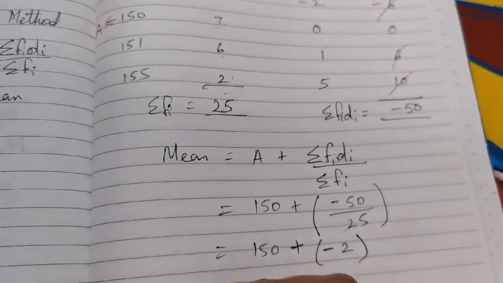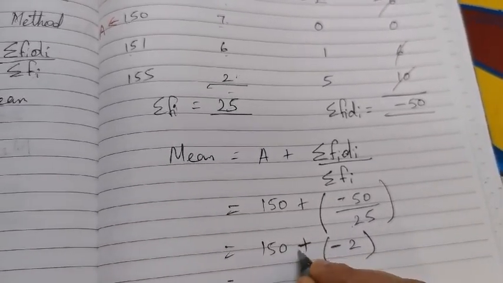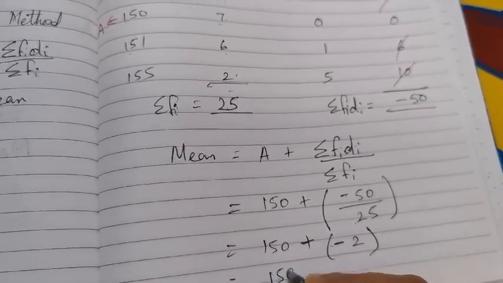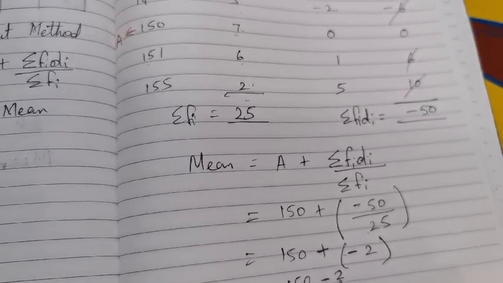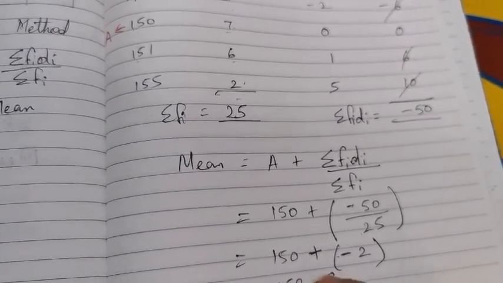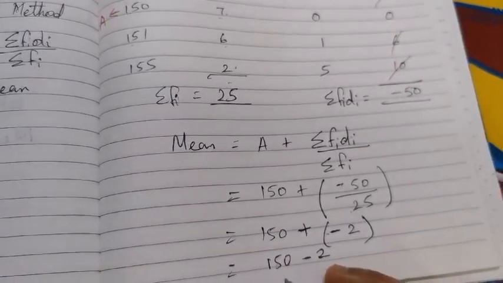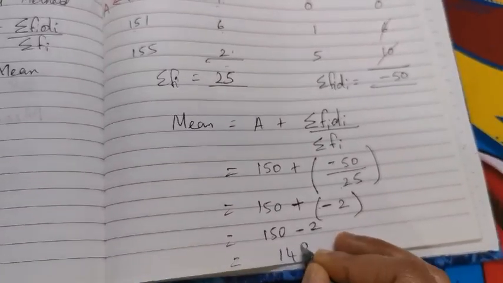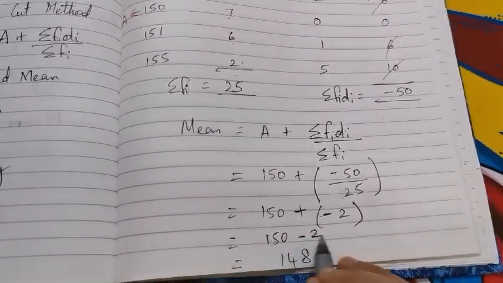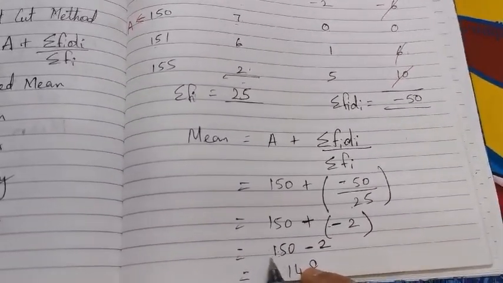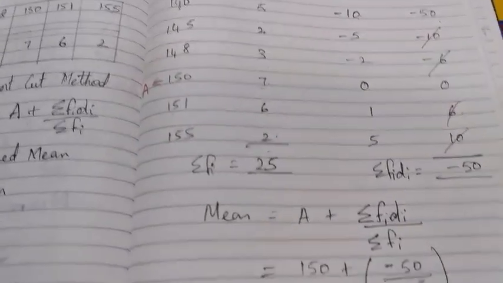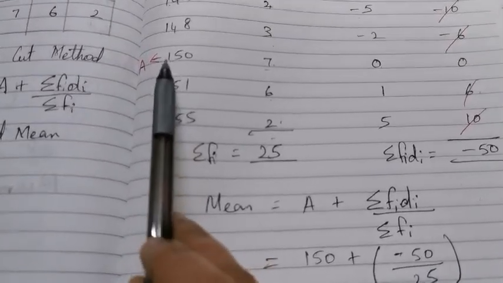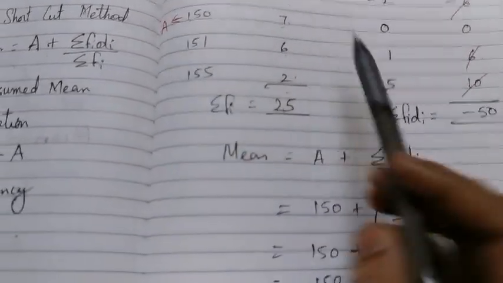Now 150 plus into minus will give you minus. Now you have a plus 150 and a minus 2. When signs are different, subtract and put the sign of the greater number. So when you subtract, you get 148 and plus is the sign of the greater number. So assumed mean was 150.